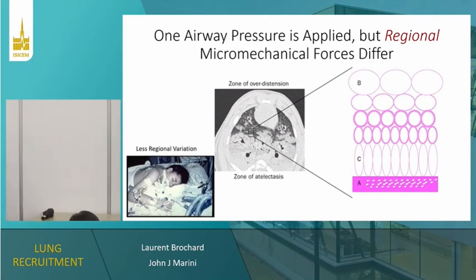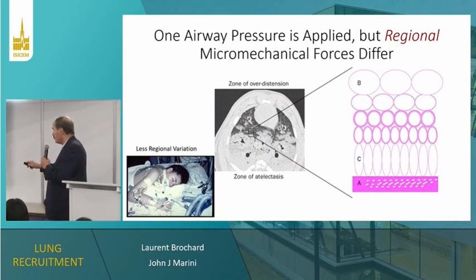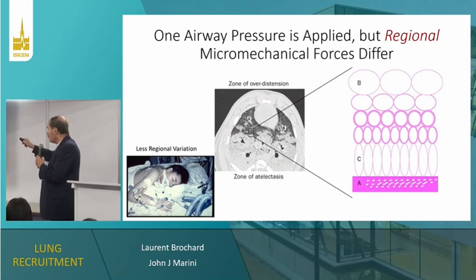If you take someone and put them in a horizontal position, a prone position, then you're likely to get a more even balance of the transpulmonary pressures. And so your airway opening pressure will be more reflective of what's happening in each alveolus. Right?